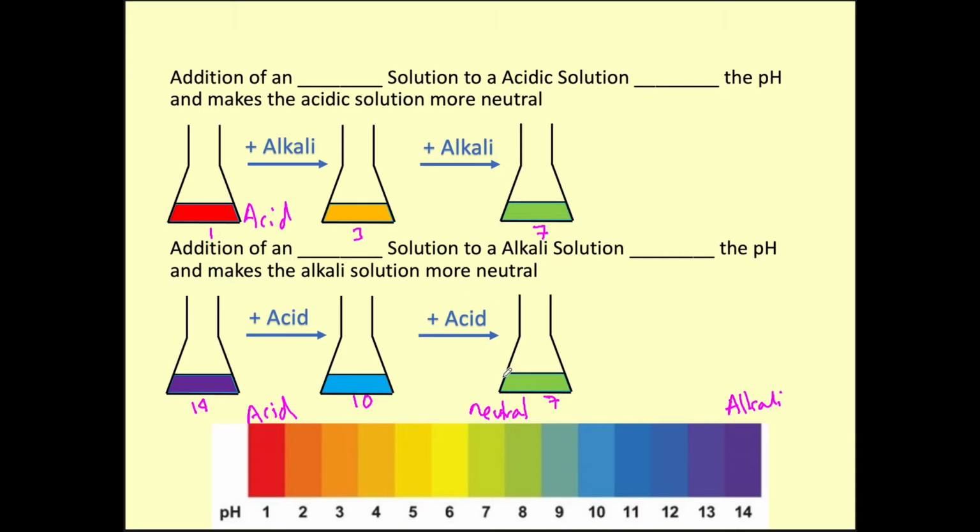Can you please, in your worksheet where you've got this set up, complete the sentences by filling in the gap, thinking about what solution you're adding and then what is happening to the pH as we go from either the acid or the alkali that we've got here to our neutral at the end. Think about whether it's increasing in pH or decreasing.